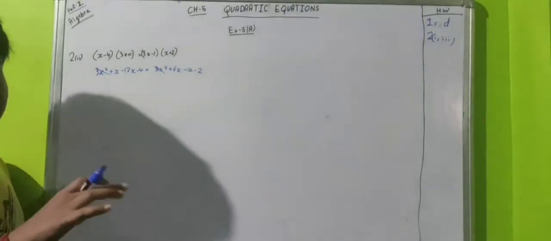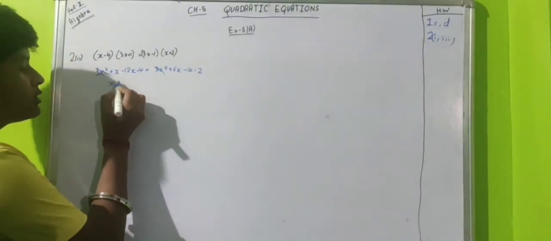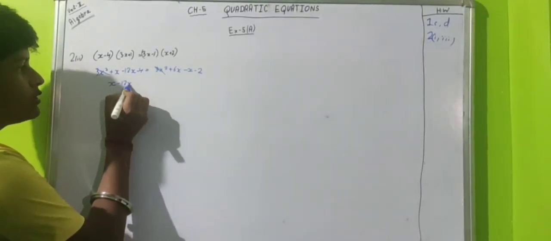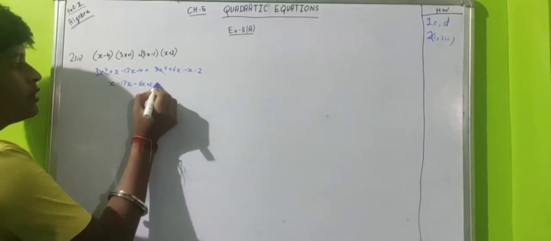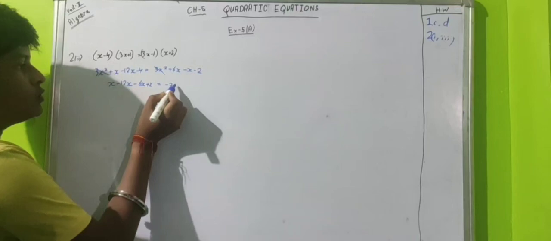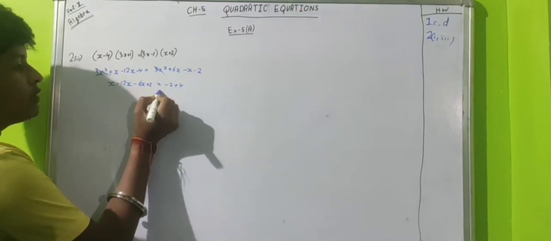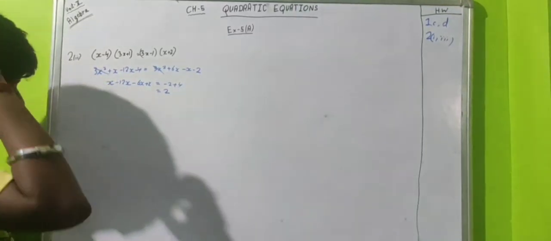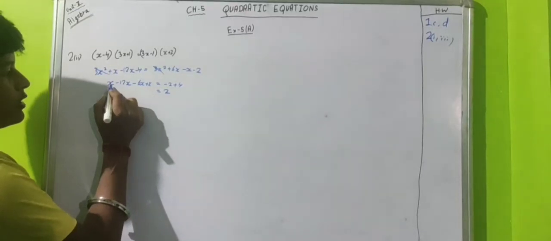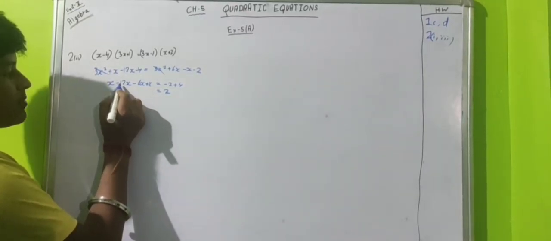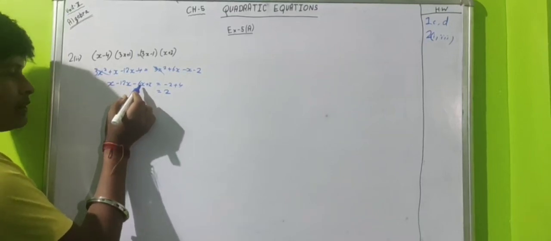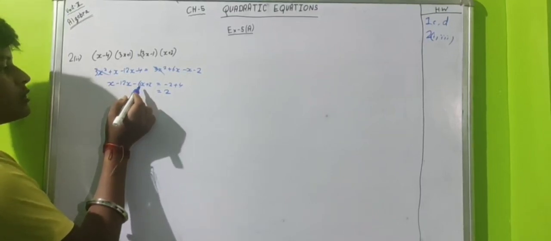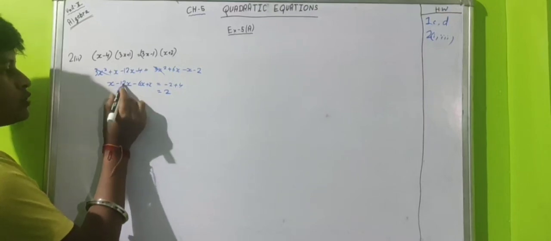Now put the variables on one side and the constants on one side. x minus 12x minus 6x plus x equals minus 2 plus 4, it will be 2. On this side, x minus 12x is minus 11x, minus 11x minus 6x is minus 17x.